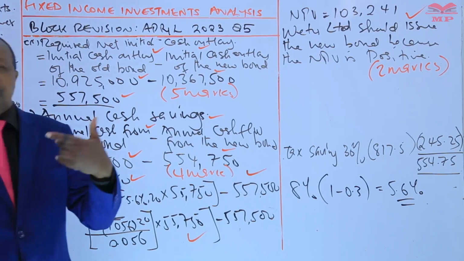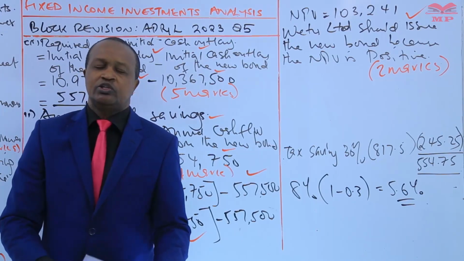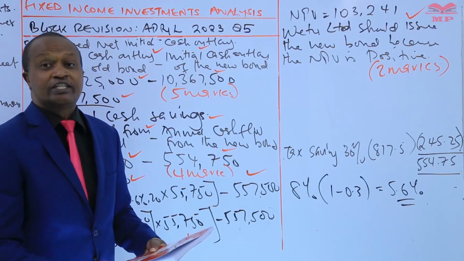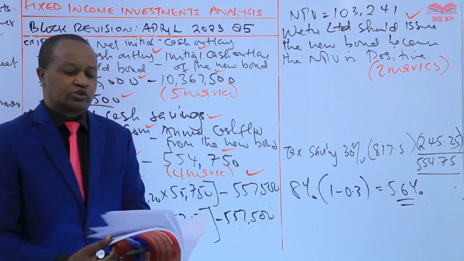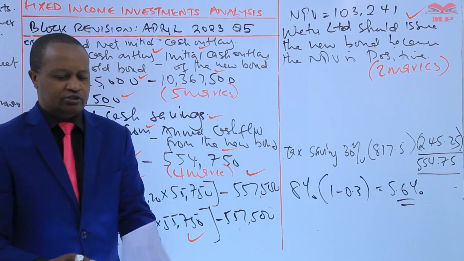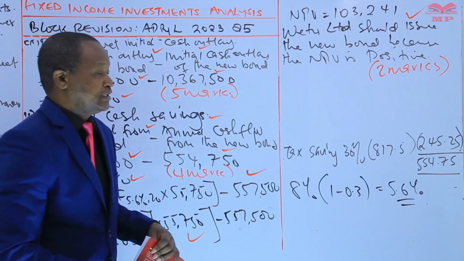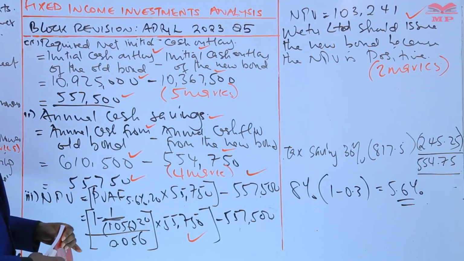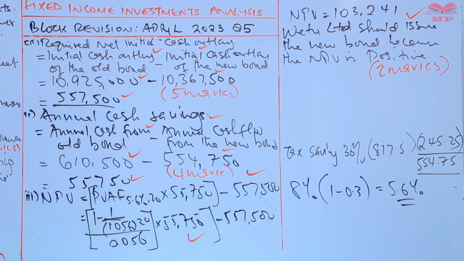At the end of every topic, make sure you answer the questions. It is easy for you to identify the questions from each and every topic under the subject fixed income investment analysis.